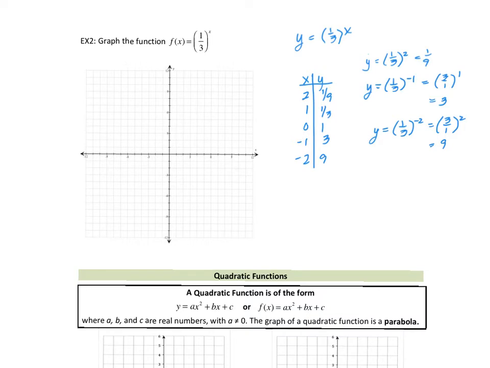If I graph those, I have 2, 1/9, so super close to the x-axis. 1 is 1/3, 0, 1, -1, 3, -2, 9.